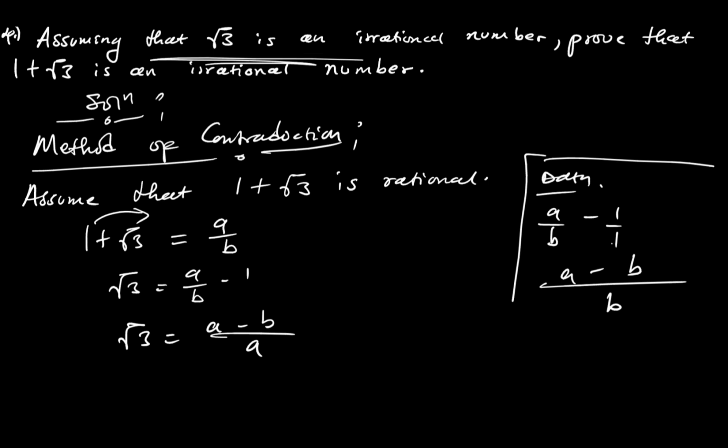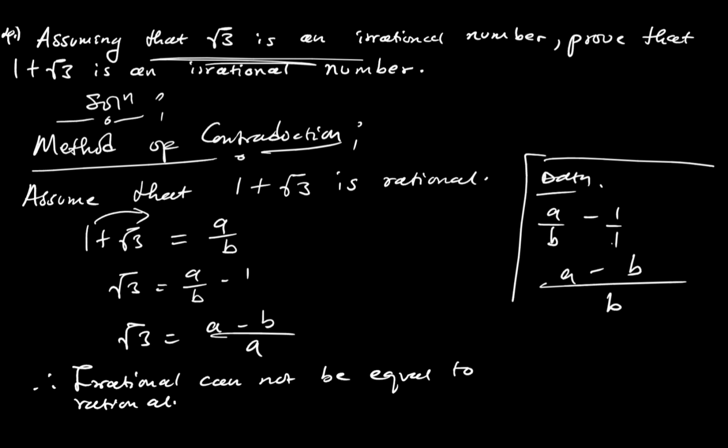So basically, I'll say irrational cannot be equal to rational. Then, as usual, what do we do? Exactly, give the superior statement by the method of contradiction.